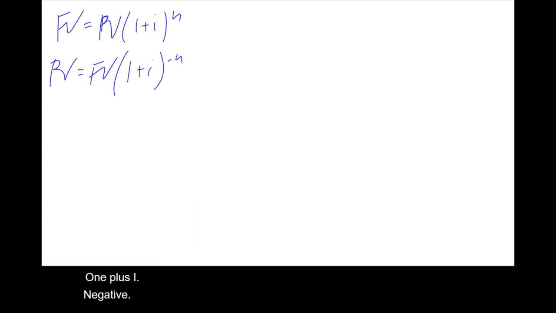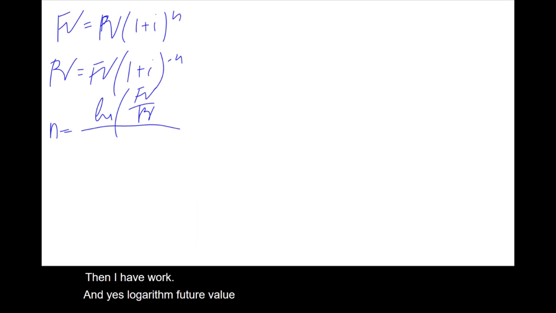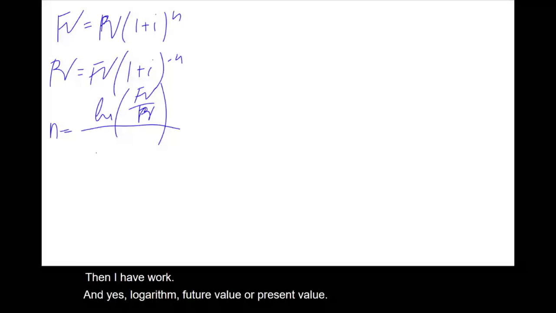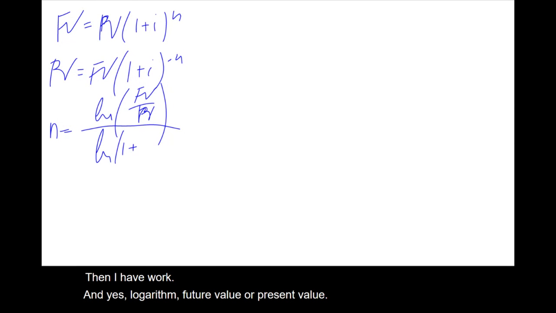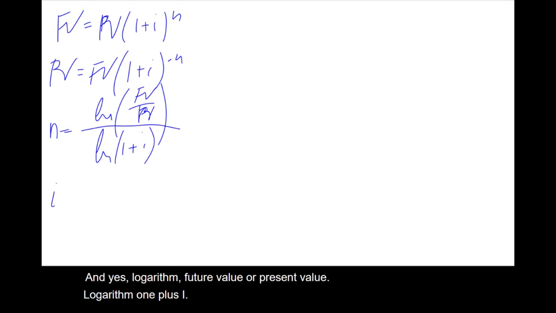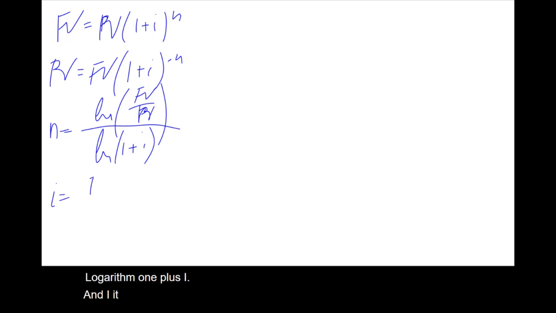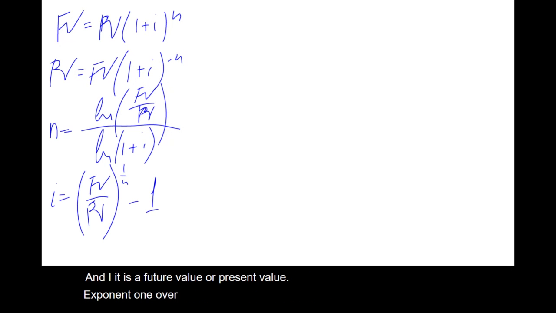Then n is logarithm of future value over present value, over logarithm of 1 plus i. And i is (future value over present value) exponent 1 over n, minus 1. Effective rate is (1 plus i) exponent m, minus 1.